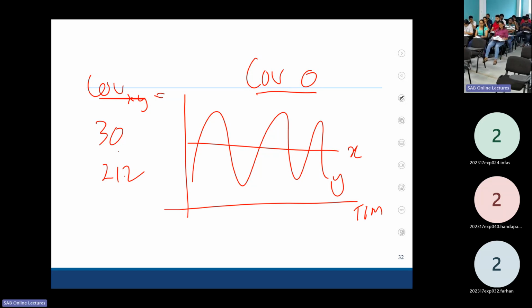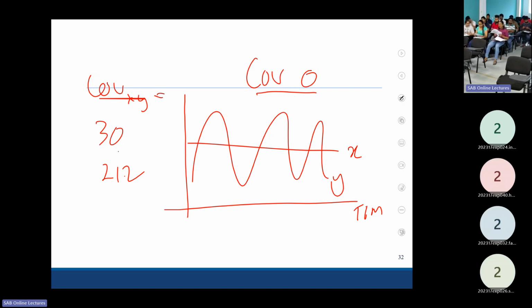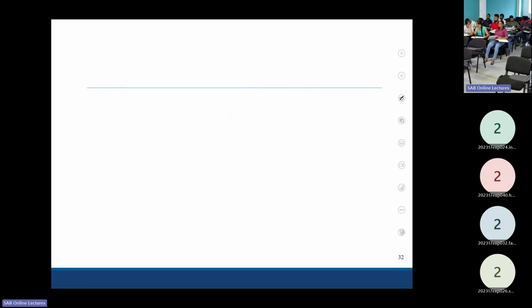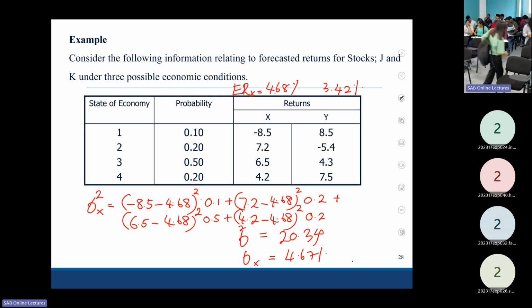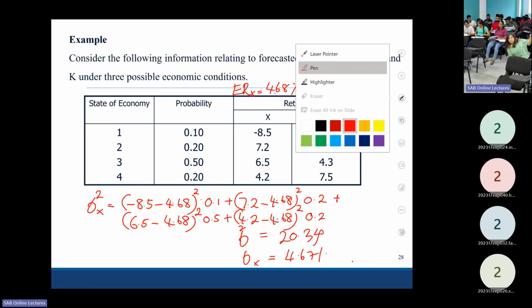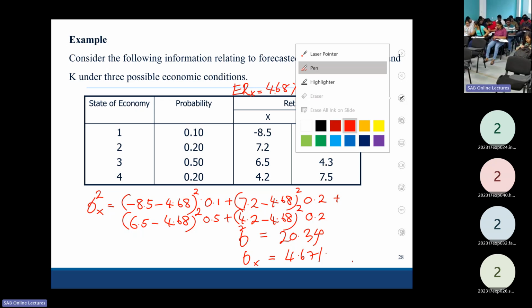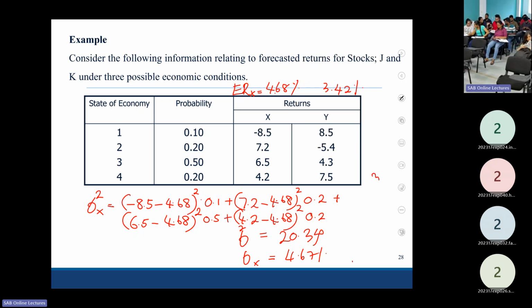Right. So now calculate covariance for this X and Y. Calculate the covariance. So this is our example.